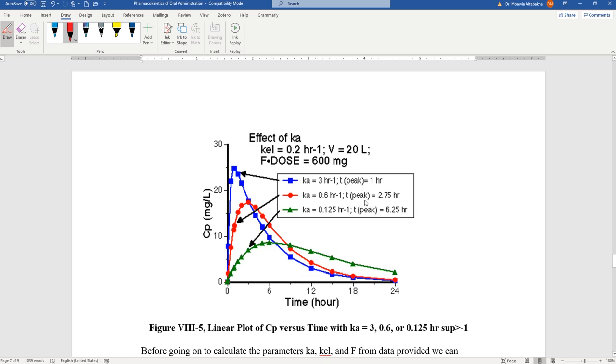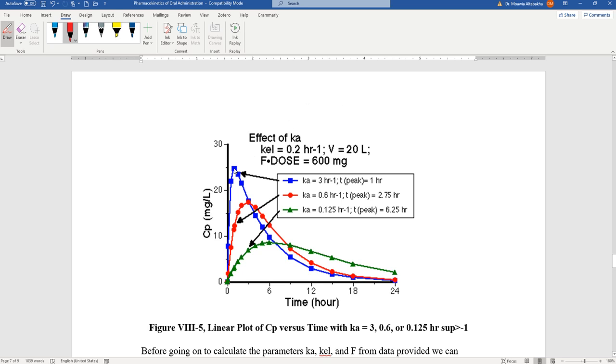To put this into a graph and look at the effect of Ka, we will assume Ka is 3 hour to the power of minus 1 and 0.6 hour to the power of minus 1. See how Ka decreases, but assuming everything else is the same.